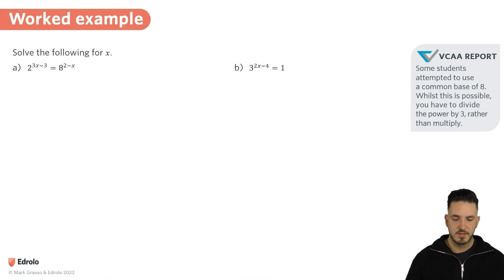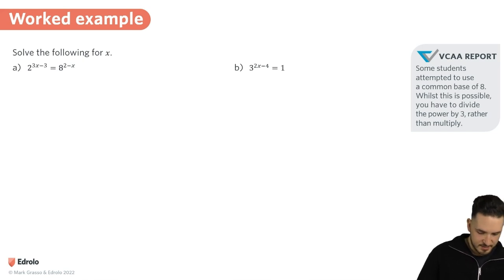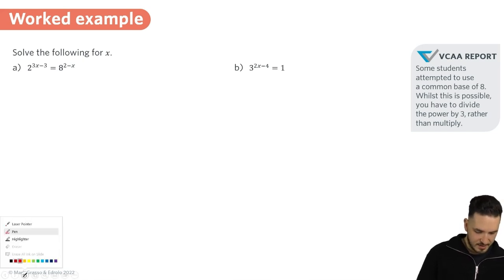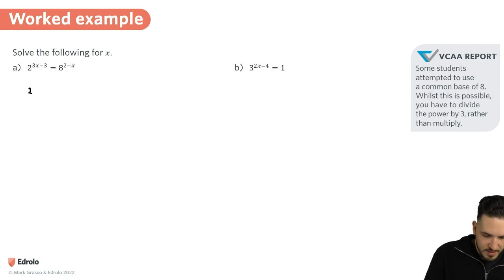Well, as we've seen in the past, 2 to the power of 3 is equal to 8. So we can rewrite this equation as 2 to the power of 3x minus 3 equals 2 to the power of 3 times (2 minus x).